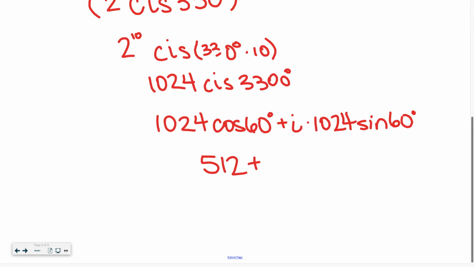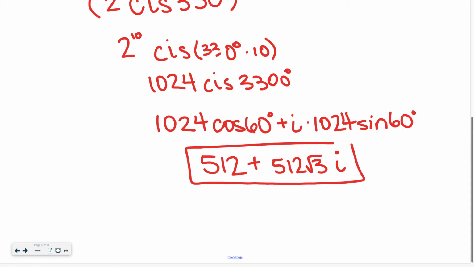So we have 512 radical 3. Which is way better than foiling with complex numbers.